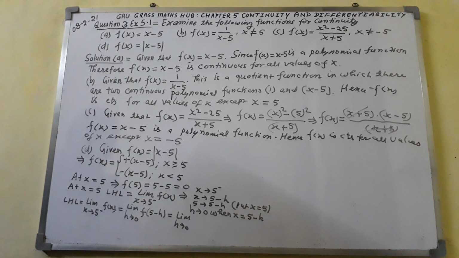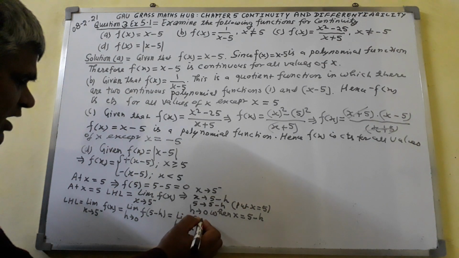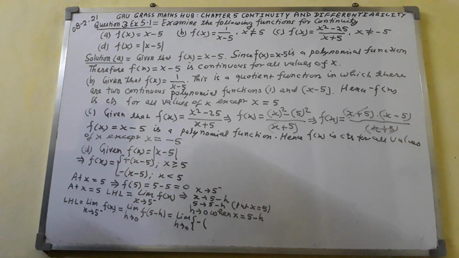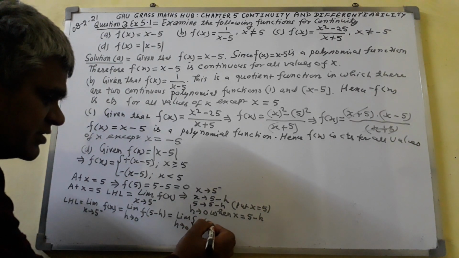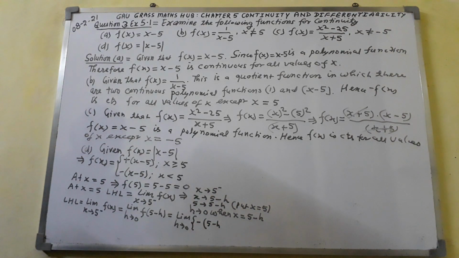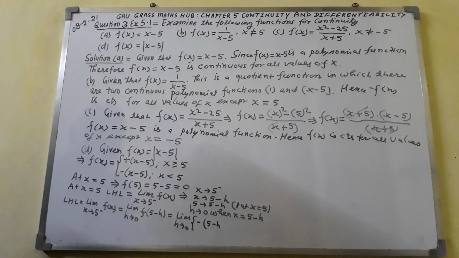So which function will we take? Here I shall take this function. I shall write a curly bracket and write minus. In the small bracket, in place of x I shall write 5 minus h. And again minus 5 is there, this minus 5 will be reflected here.